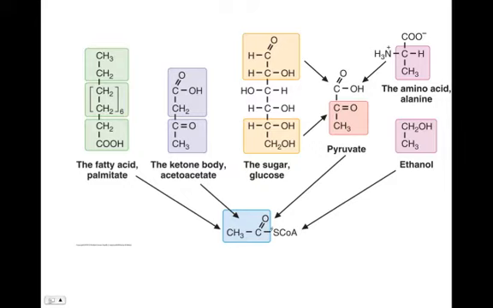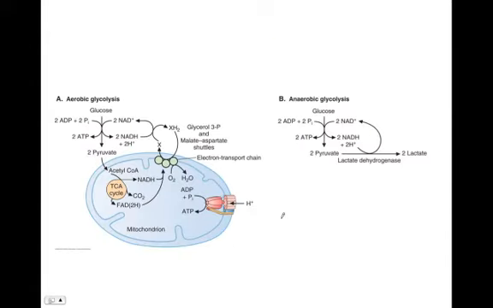What we haven't talked about here is how pyruvate gets to acetyl-CoA. So we'll look at that enzyme next. If you remember, in aerobic glycolysis, we ended with the generation of 2 pyruvate. And we need to get from pyruvate to acetyl-CoA for the TCA cycle.